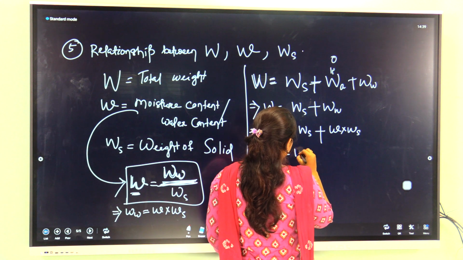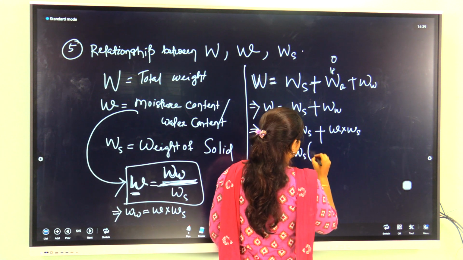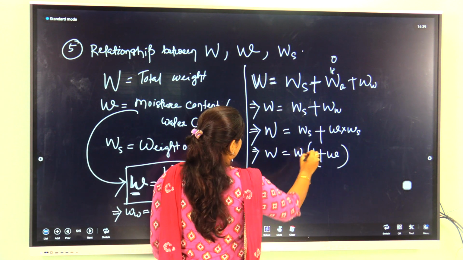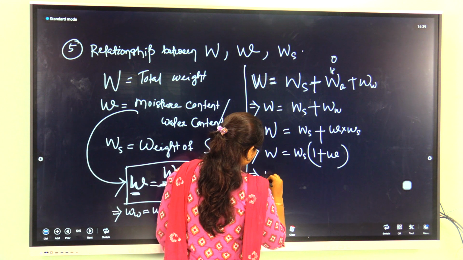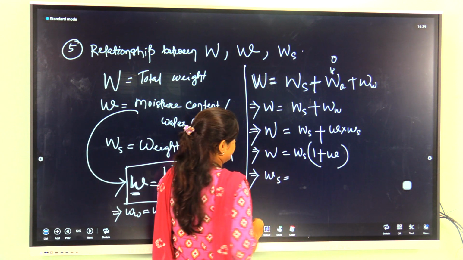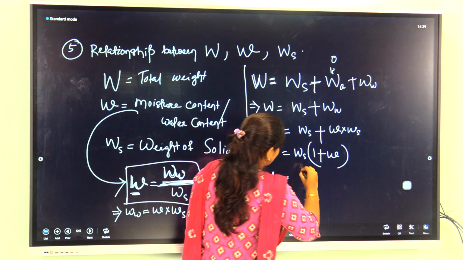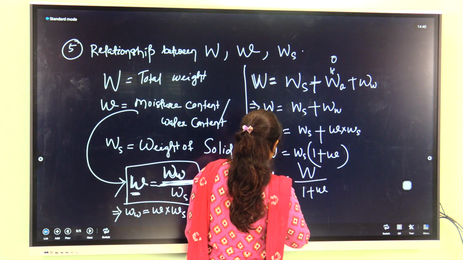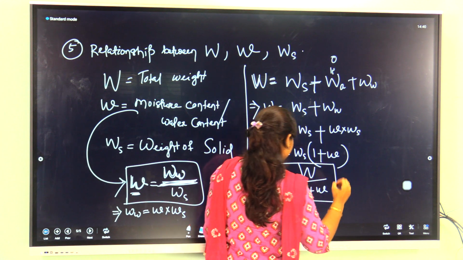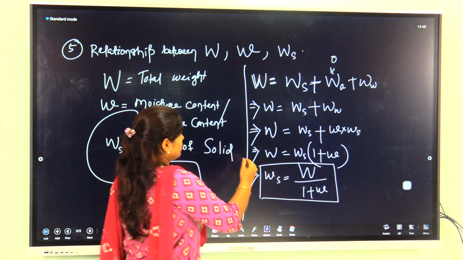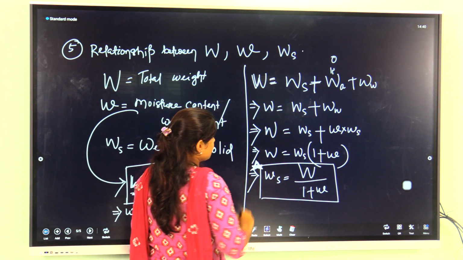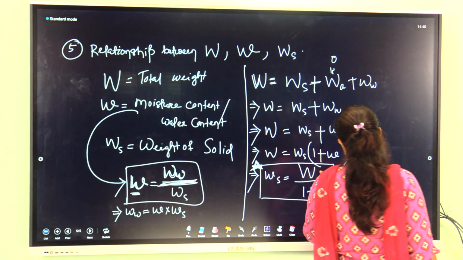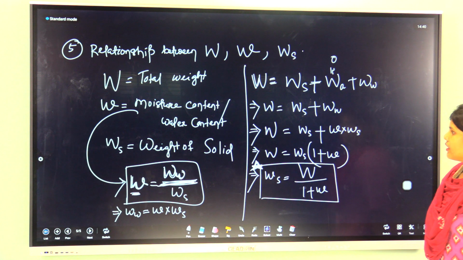We can take common what? Ws. So, 1 plus moisture content will be here. Ws will be what? Total weight upon 1 plus moisture content. Okay. So, here is the fifth relationship of weight of solid, total weight and moisture content.